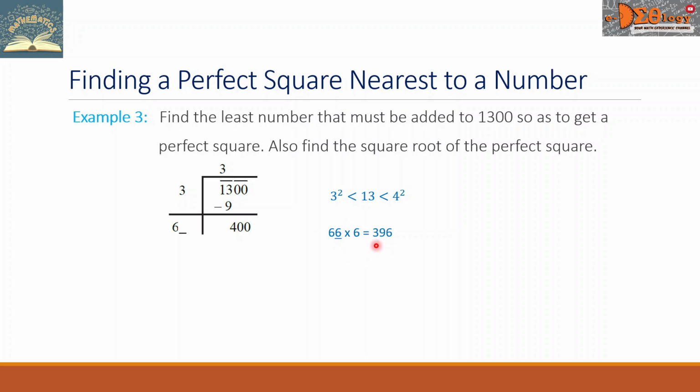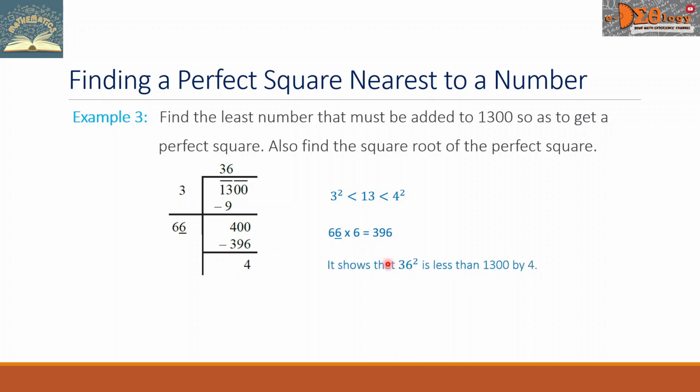The answer is 396. And from here we can write the number 6 here. Also same number 6 on top. That means our new quotient now is 36. Then 400 minus the 396. And the difference is 4.